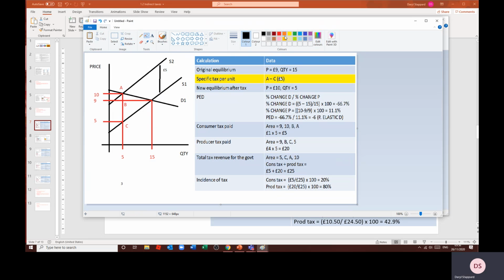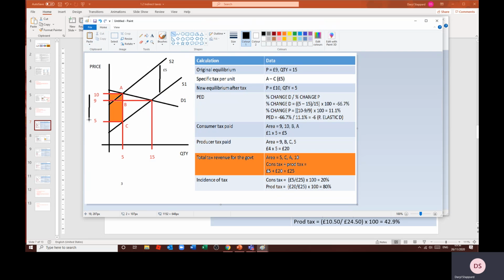Now again, what we can show with this then as well is the total tax paid in the marketplace. So let me just get rid of some of these different things. So remember, tax revenue for the government will be that shaded orange area there. Now think about why this is the case. The vertical distance between the supply curves is the tax per unit.